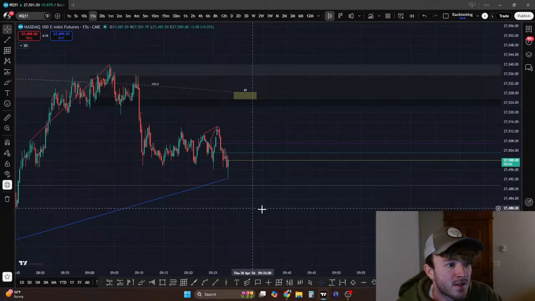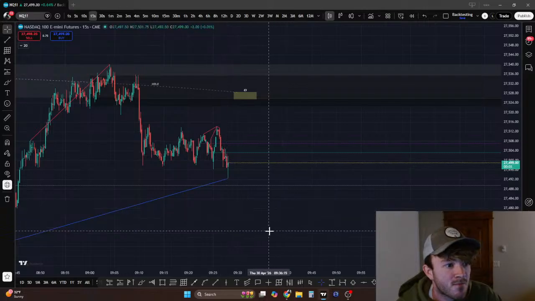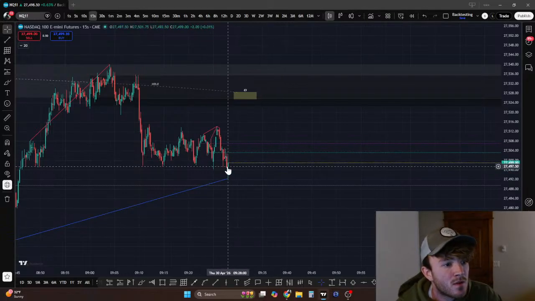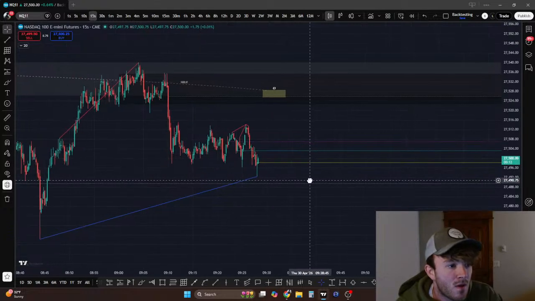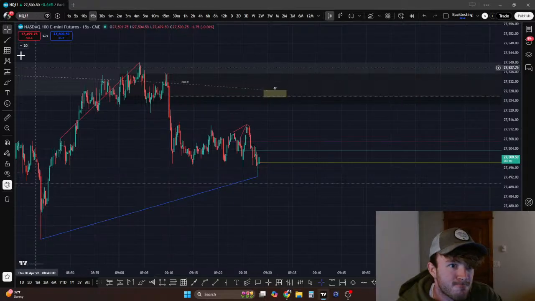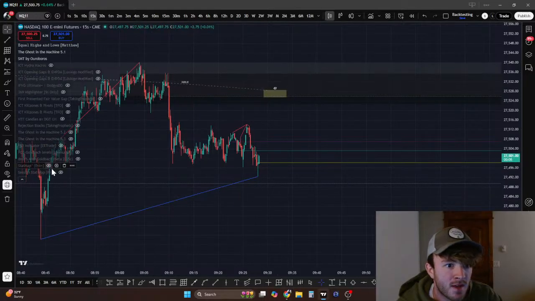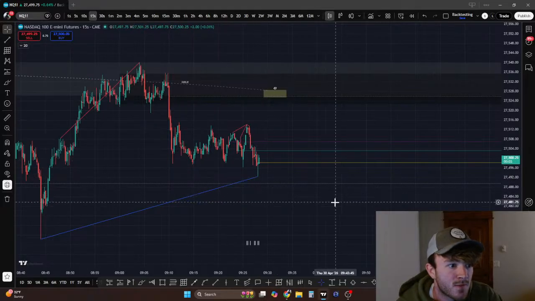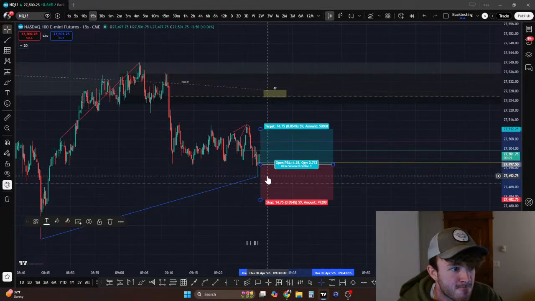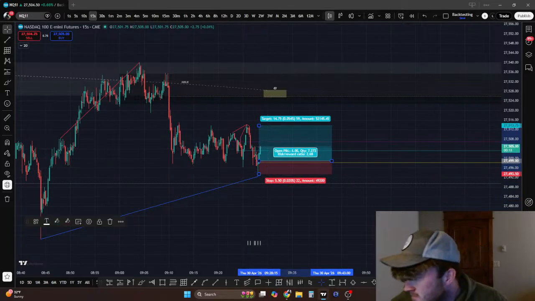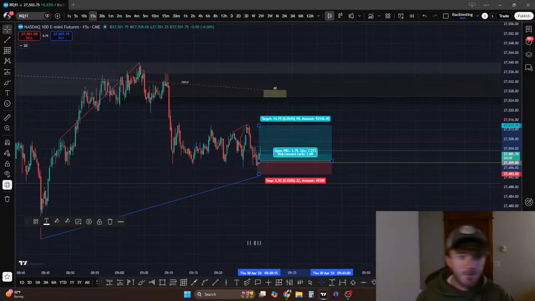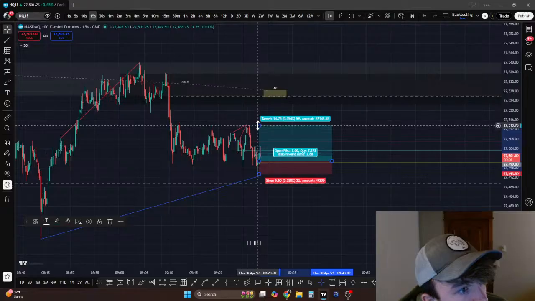So, yeah, 928, there you go. I think we'll go up now, I guess. Okay, that is a pin bar. So I'm going to try this pin bar on the sim.